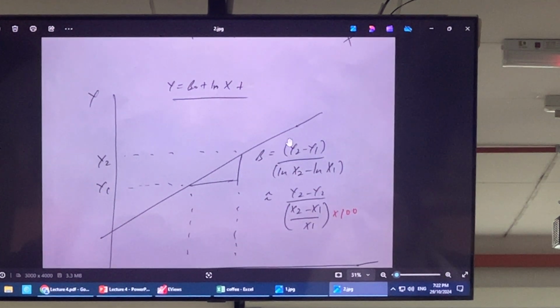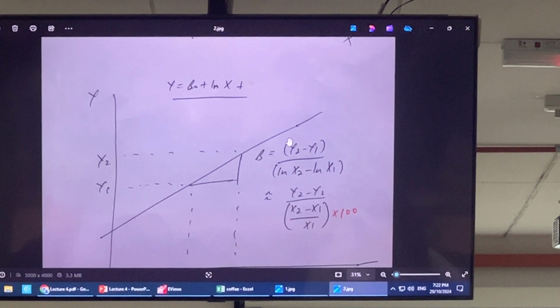So the example I gave just now, if you want to model the effects of income on consumption, then the linear log model is the most suitable form of regression model to represent the effects of income on consumption.